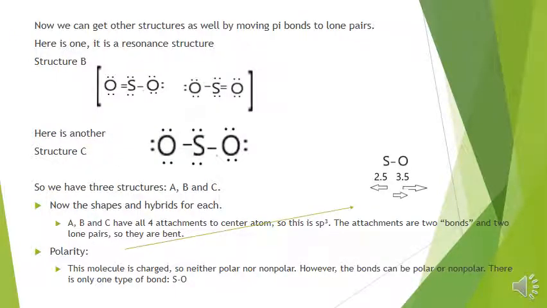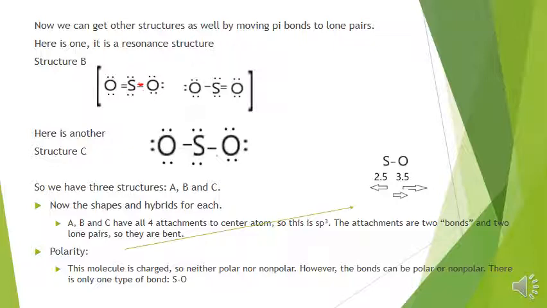Okay, so now we can get other structures by moving the pi bonds to lone pairs. So what we're going to do is take one of the lone pairs and move it out as a lone pair. And we can do that twice. So we can do it to 2 sides. We can take this guy and move it out here. Or we could do it the other way.